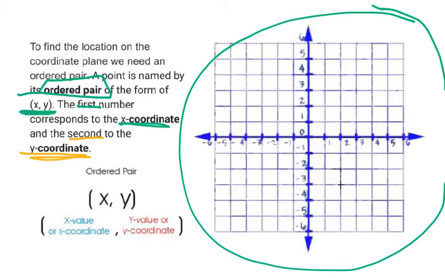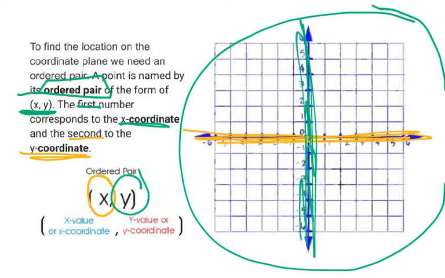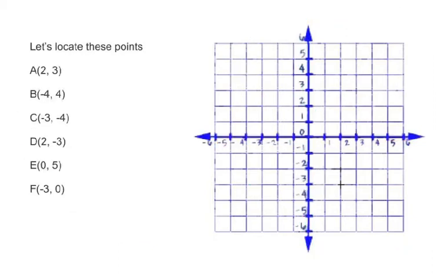So it is an ordered pair in which where the point is located along the x-axis comes first, and then where the point is located along the y-axis comes second. You'll end up in different places as we look at this, but there is a certain order to it, and that's very important to remember.